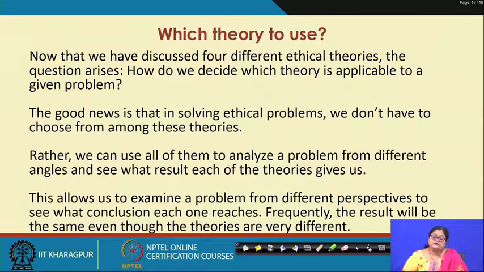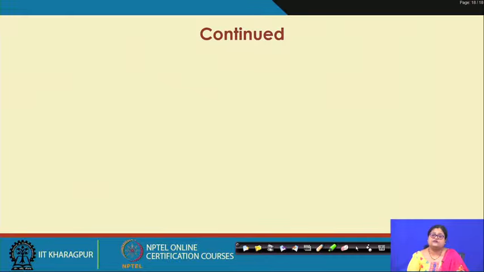It will help us to see what different angles to take to a specific problem, and analyze it from different angles. It will help us to see what conclusion one reaches, and frequently it may so happen that the results will be the same even though the theories are different. So that is going to give a cross check again.